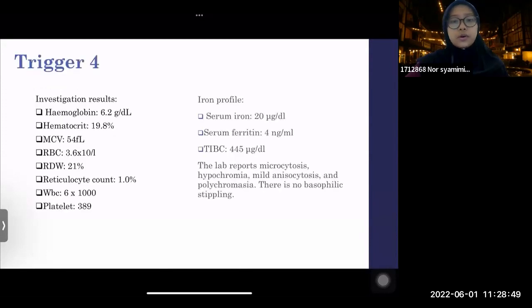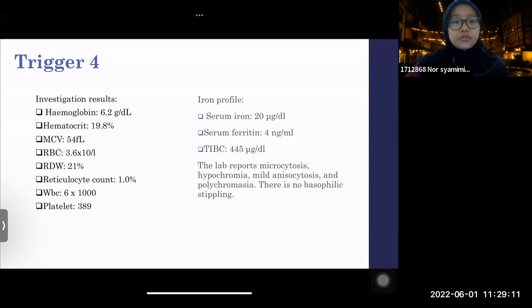Okay, so trigger 4, the investigation reveals that patient has low hemoglobin, hematocrit, MCV, and RBC. So this is a microcytic anemia. Patient also has a high red cell distribution width with normal reticulocyte count and normal white blood cell and platelet.